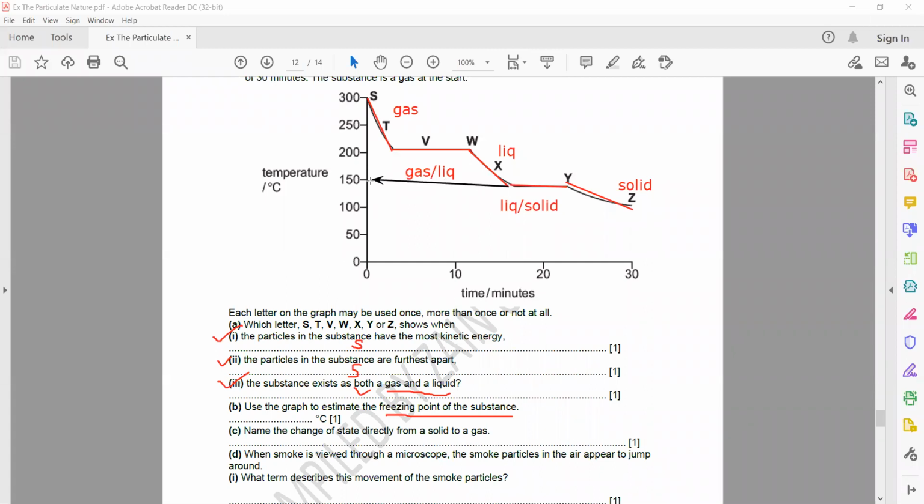When you draw the horizontal line, it will come out around 150. But it should be a horizontal line. To be accurate, because my line is not exactly horizontal, I should draw an exactly horizontal line.